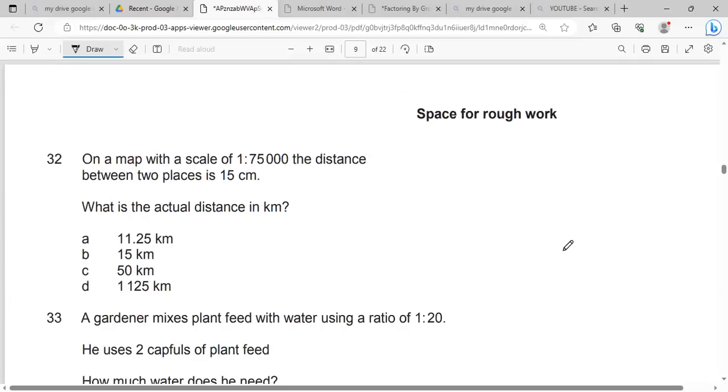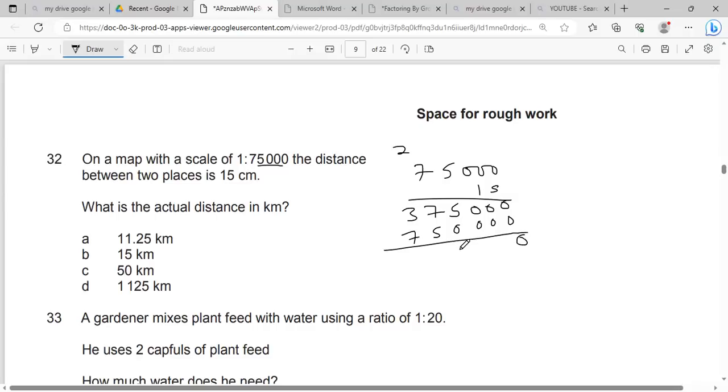On a map, a scale of... I can't bother to multiply this in my head, so let's work it out. Putting the digits down and adding, we get the total.